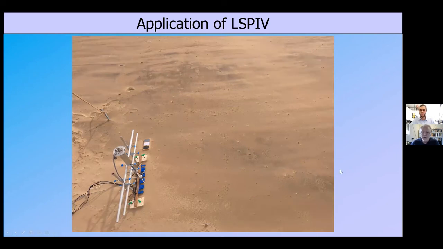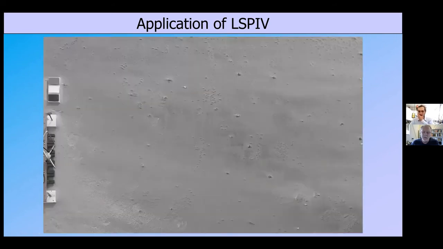And then we move that to this, the converted plan view imagery in grayscale. You might hardly see any changes. You might just about see slightly brighter patches moving through from right to left.